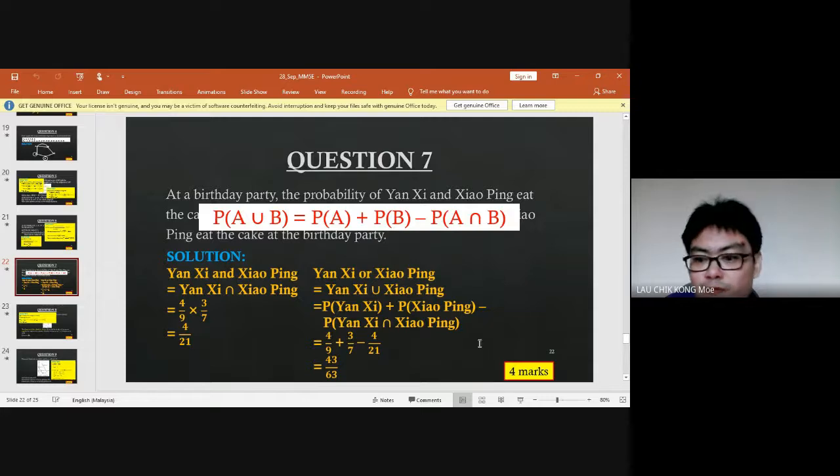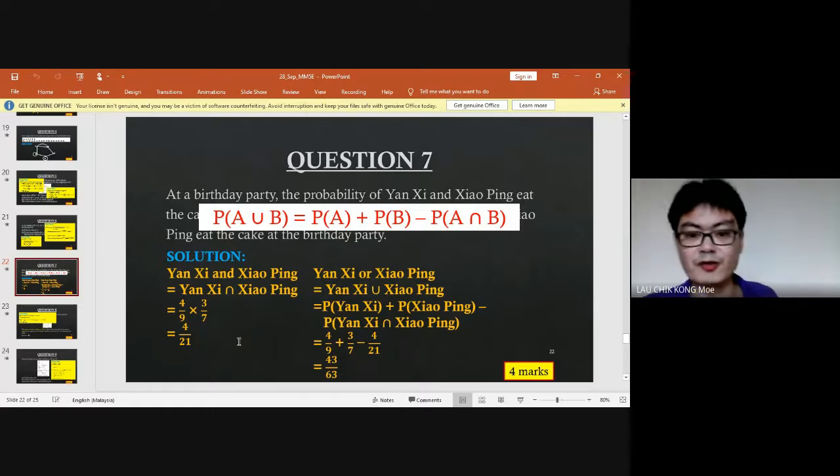And then I give you 10 seconds to copy down, because most of the students did these questions wrongly, 4 marks. Just now the answer from Rooney is correct, but you used a different way to solve it. Actually, this is the correct way.